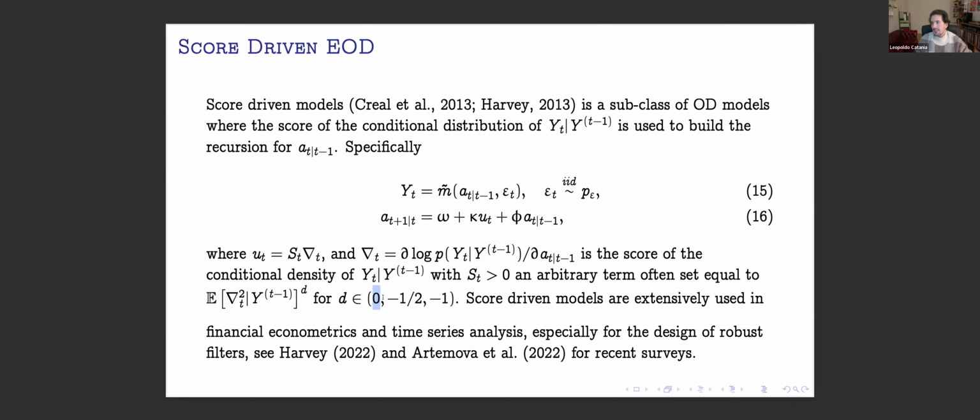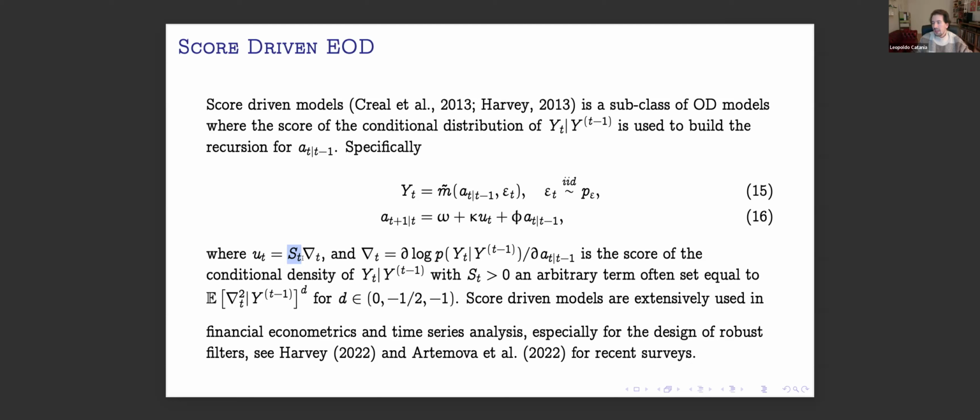So the literature has some results about how to choose S t and also specifically how to choose d, sometimes based on some optimality criteria. However, in practice, people set S t in a way such that the model is manageable.